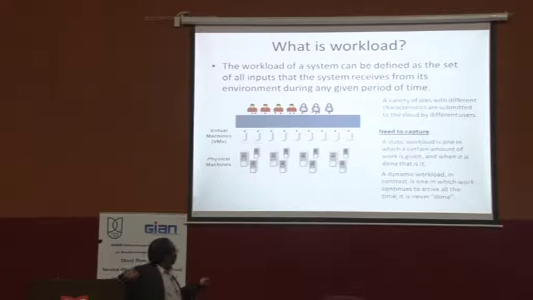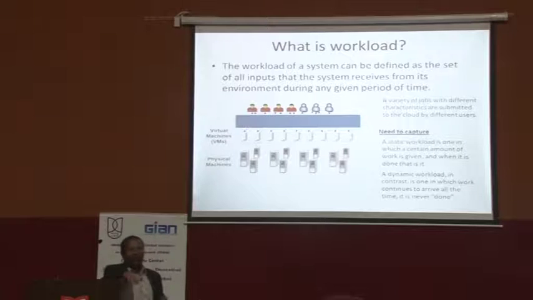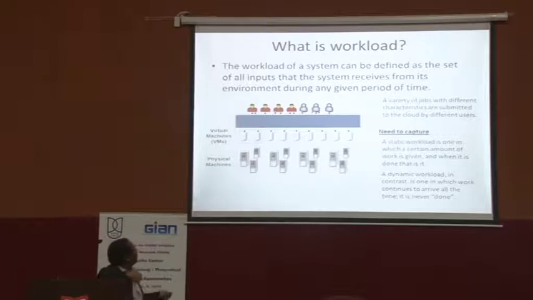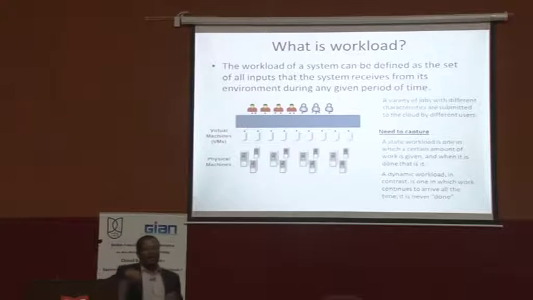Now, we need to actually look at, when we do resource provisioning, there are two types of workload: static workloads. Sometimes we call them batch. I'll talk about it later on. They actually come, execute, finish, and go.